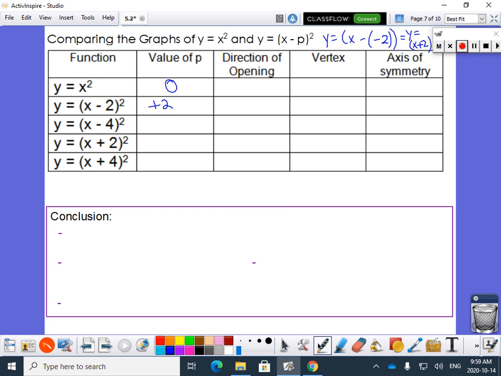If this is confusing to you, all you need to remember is it's really the opposite. If you see a plus in here, p is really negative.